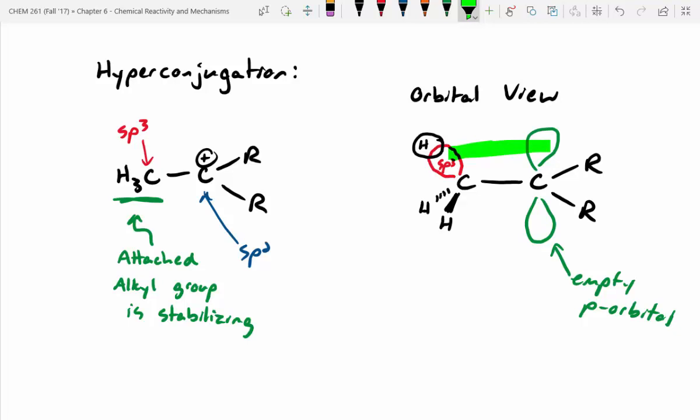So if you think about a pi bond, right? A pi bond is two parallel p orbitals that are sharing, right? In this case, you've got a p orbital and then an sp3 lobe that's slightly cocked out. So it's not in perfect alignment. It can't form a pi bond, but what it does do is slightly stabilize it. It's better than nothing, right? So in this case, it's going to stabilize that carbocation.